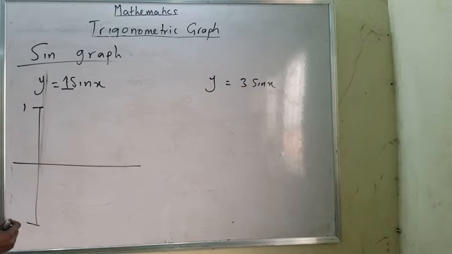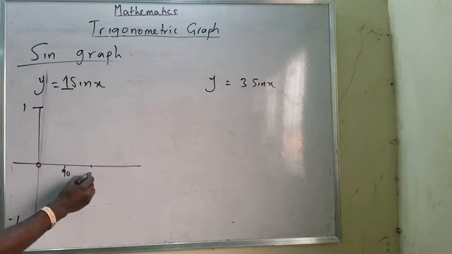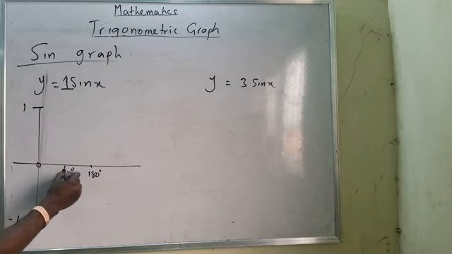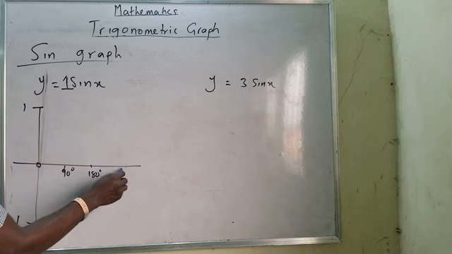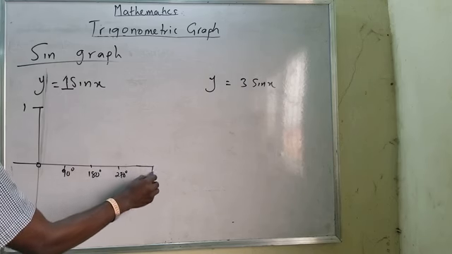This one will be minus 1, because there is 1 here. This is going to be 0, this is going to be 90, this one will be 180. I'm just setting it in 90 intervals, 270 and 360.